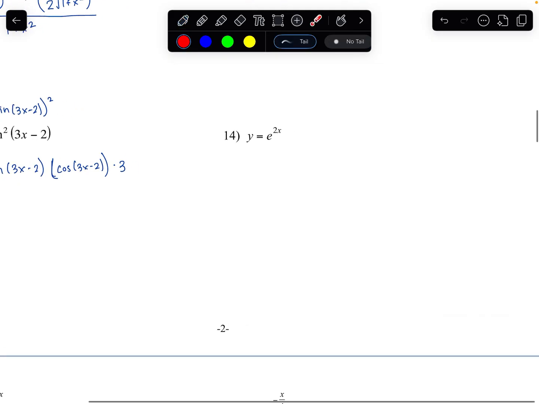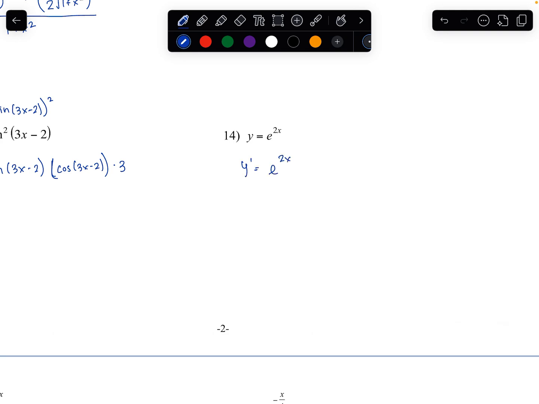For 14, we have y is equal to e to the 2x. Well, I know that the derivative of e to the 2x is going to be e to the 2x, but now I have to multiply by the derivative of the inside, which is going to be 2.